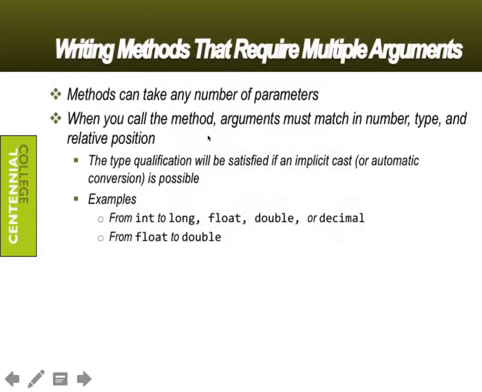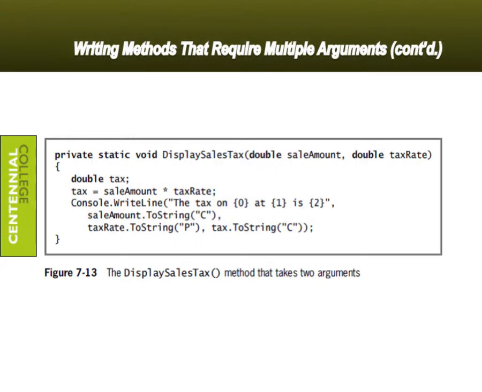Okay, so that's the kind of stuff. When we require multiple arguments, multiple parameters, they have to be exactly in the order that I declare them. So if this is my new method that I call DisplaySalesTax, and now it's listening for saleAmount and taxRate, I need both those two things.